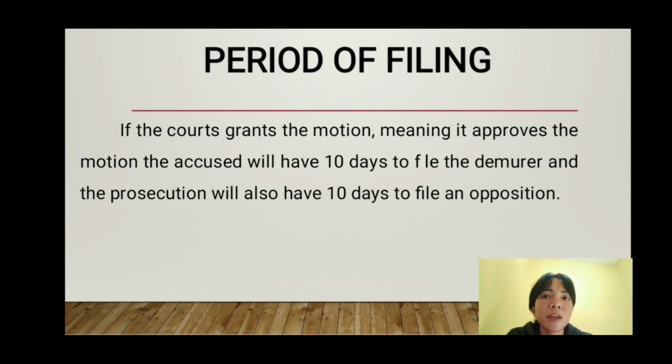If the court grants the motion, meaning it approves the motion, the accused will have 10 days to file the demurrer, and the prosecution will also have 10 days to file an opposition against the accused.